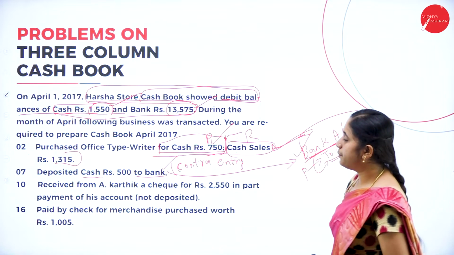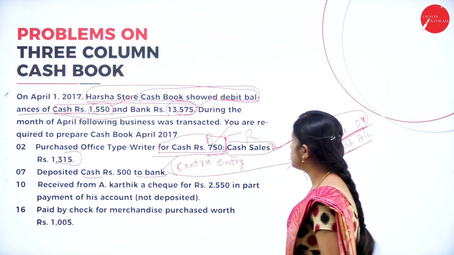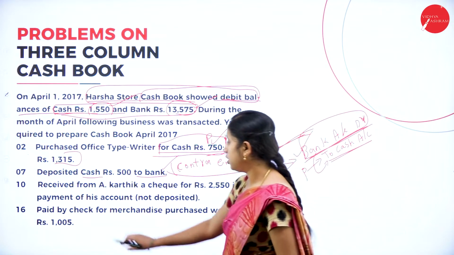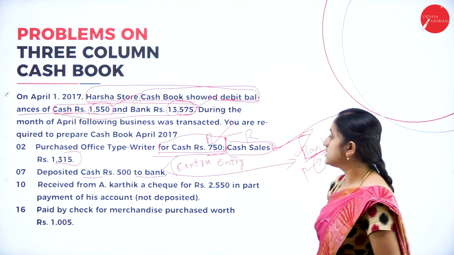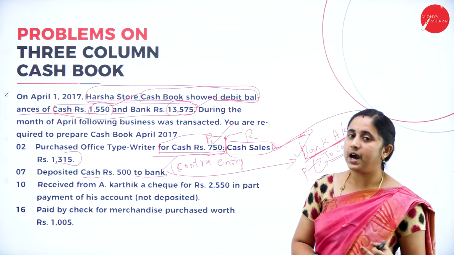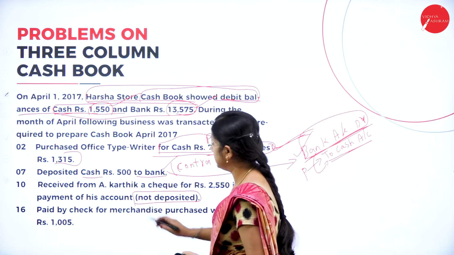Next, April 10th, received from A. Karthik a check for rupees 2,550 in part payment of his account, not deposited. That means you received a check from Karthik but have not deposited it.